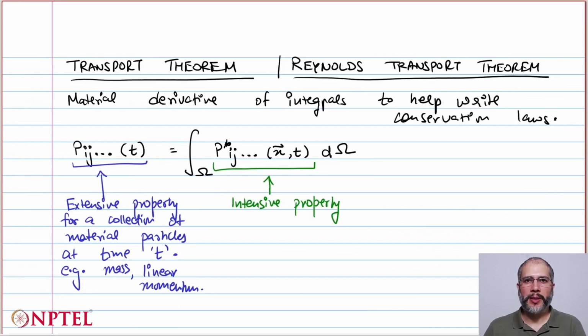So intensive properties are properties which are defined per unit volume or per unit mass. In this case, we're talking about property per unit volume because dimensionally speaking, we have P star multiplied by this infinitesimal volume, and that is equal to the extensive property P.